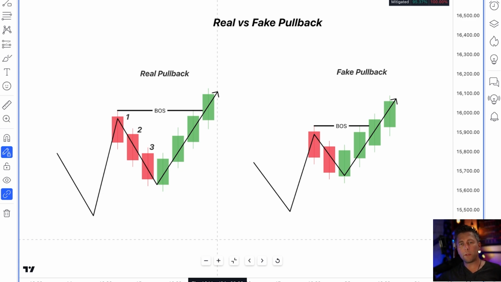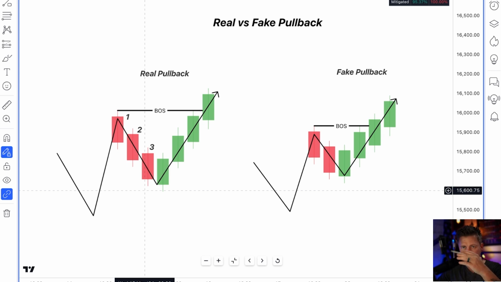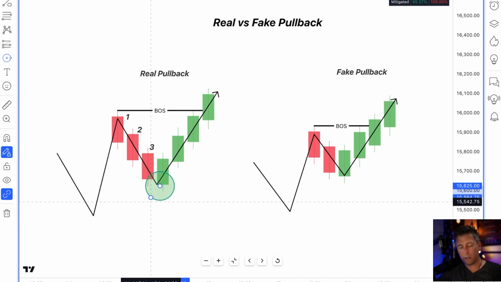You can chalk it up to as simple as when you see 3 candles, 1, 2, 3, in this case, pulling back and continuing an uptrend, we will then consider that a valid pullback. So this is where you would be making a structural pullback to this uptrend that we're pretending is here.